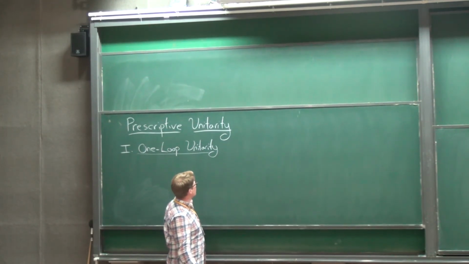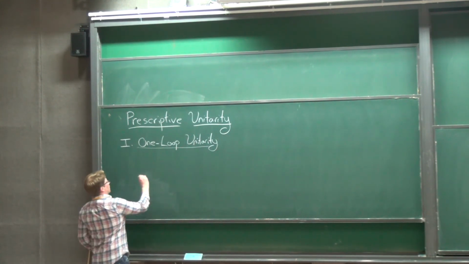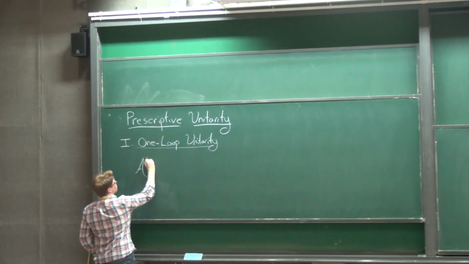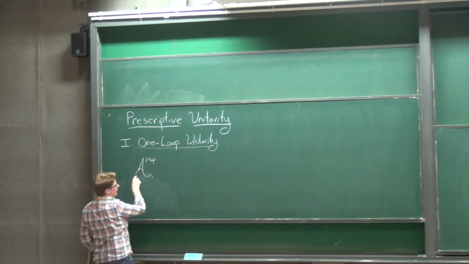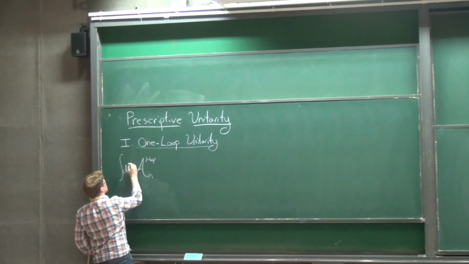Okay. So as we saw in Mark Spradlin's lecture, the basic idea is that the one loop amplitude, I'm always going to use this to represent the integrand. I wish I had time to talk about integrals, but I don't, and also I don't have that much to say anyway.